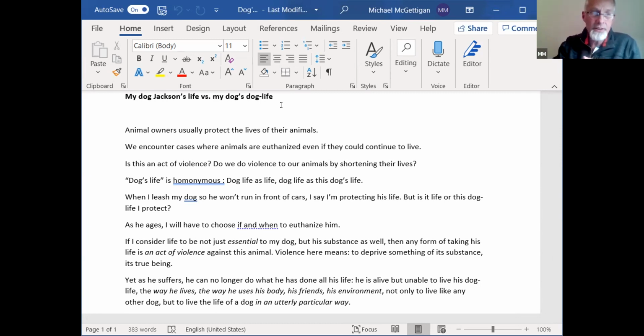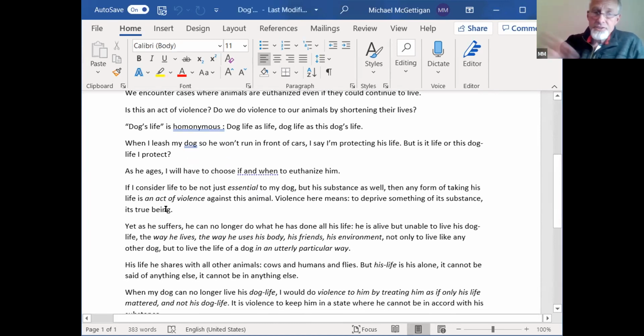And here I want to point out, dog's life as a term is homonymous. There's dog's life as the life that animals have, and there's dog life as this dog's life, this substance. When I leash my dog so we won't run in front of cars, I say I'm protecting his life. But is it life or this dog life that I'm protecting?